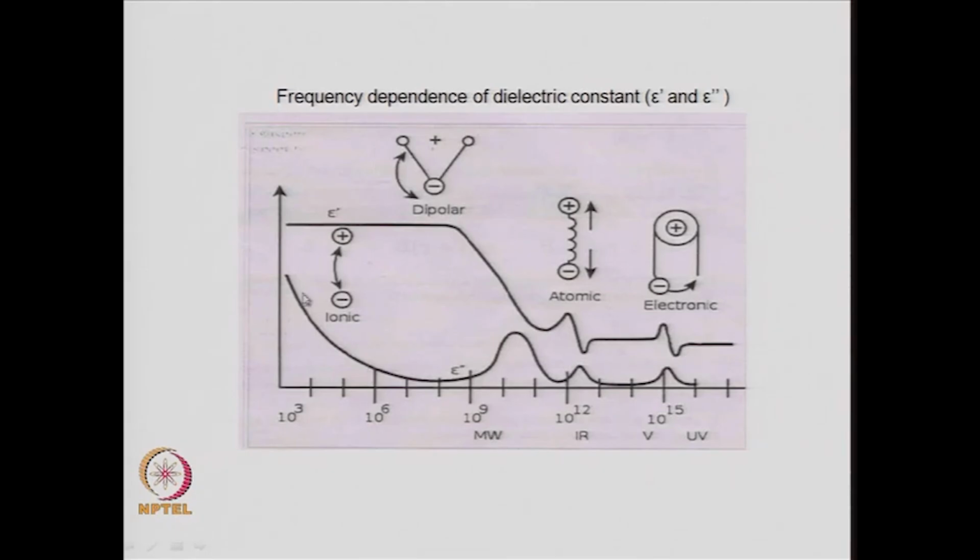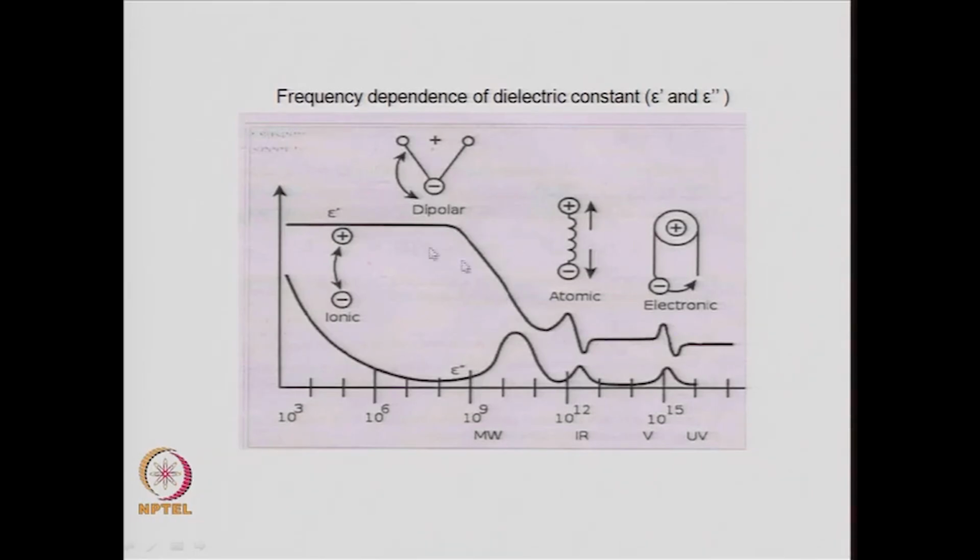And if you look at the other plot, this is for the epsilon double prime, which is the imaginary part. The epsilon double prime is the imaginary part of the dielectric constant, and epsilon prime is the real part. So, the epsilon double prime shows a maximum where the real part of the dielectric constant shows a drastic change.